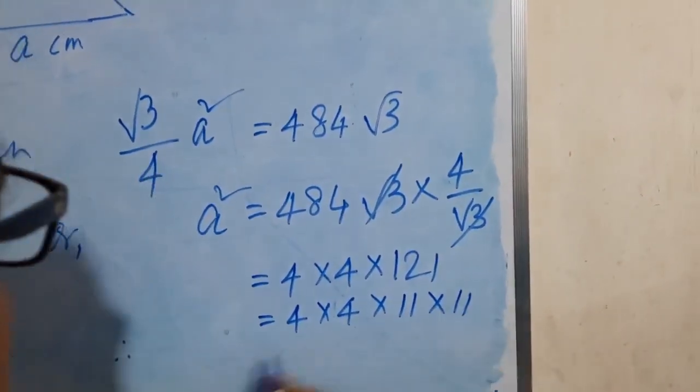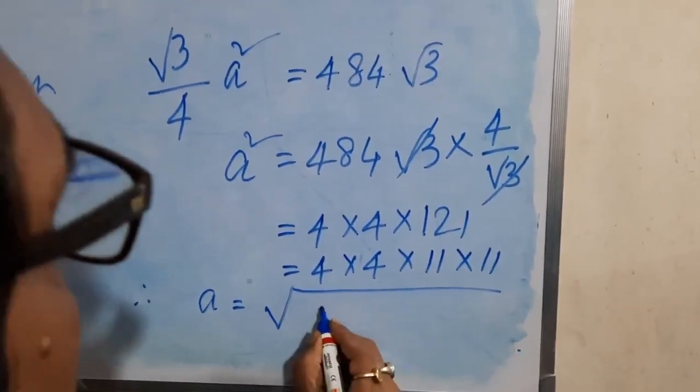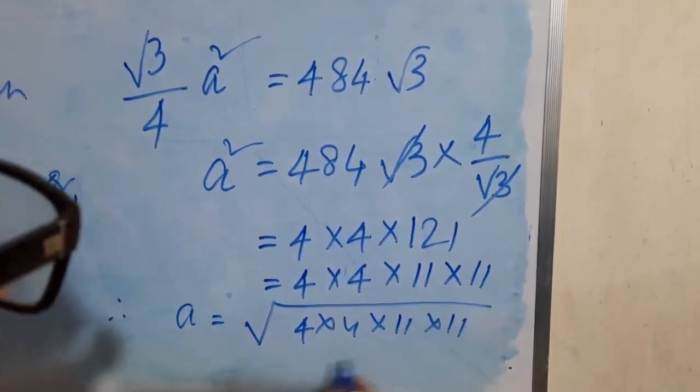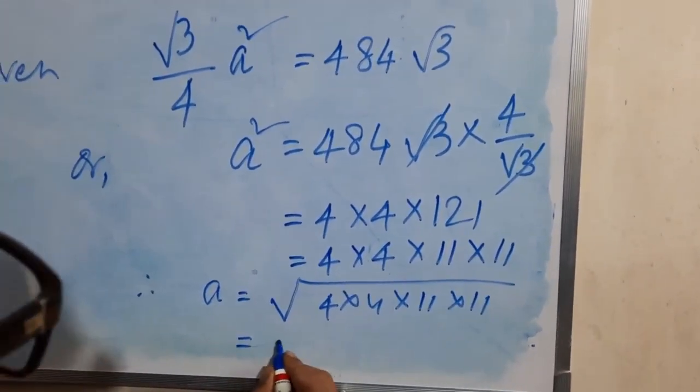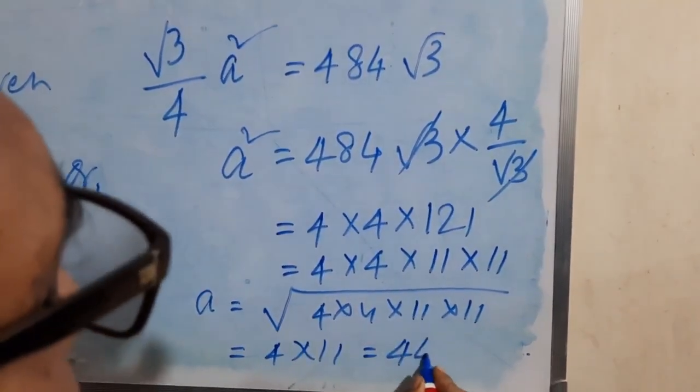A is equal to square root of 4 into 4 into 11 into 11. That is equal to 4 into 11, 44.